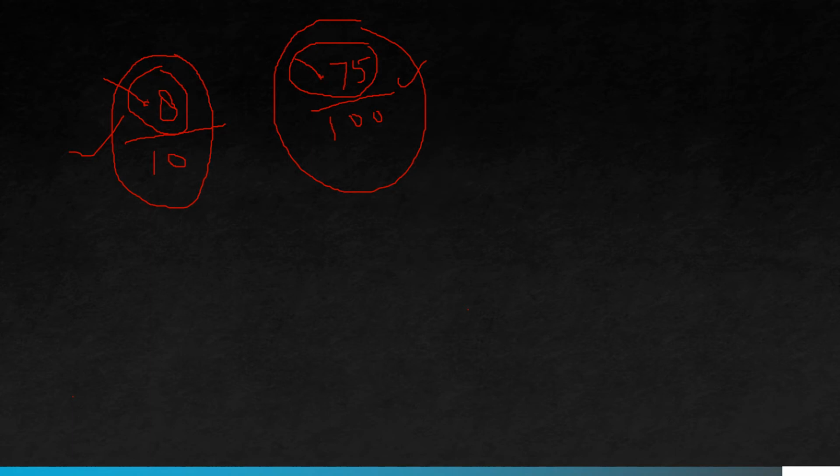And now I have to show you how we can convert a fraction into a decimal. Okay, for example, I have already told you, but let me just tell you again.